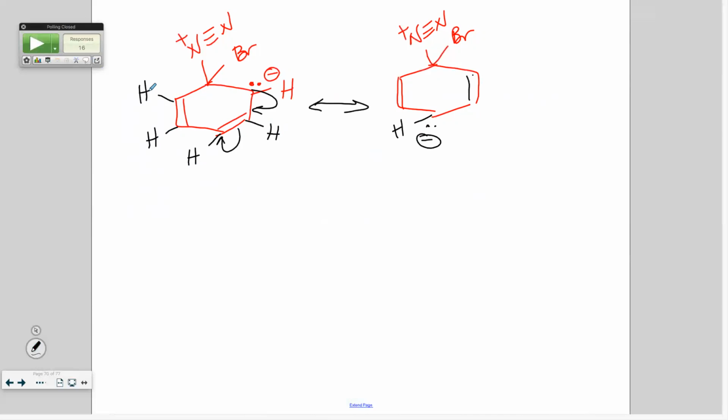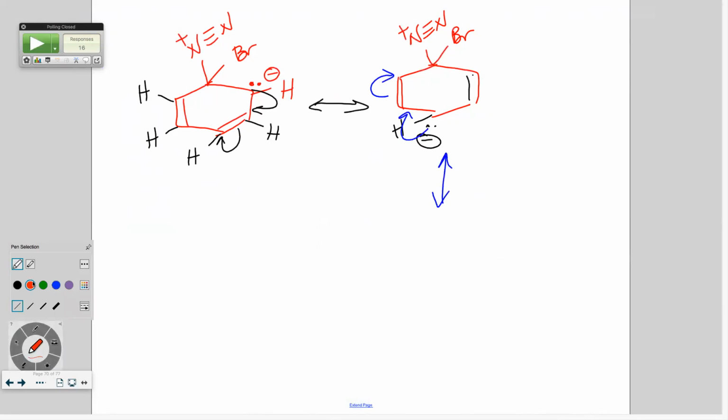Can you draw another resonance form? We're going to start at the negative, go into that bond, and then these electrons are going to go there. If you didn't have the double bond there, you wouldn't get resonance. It would just be the negative charge on that bond. So what do I have? First of all, draw what didn't change.